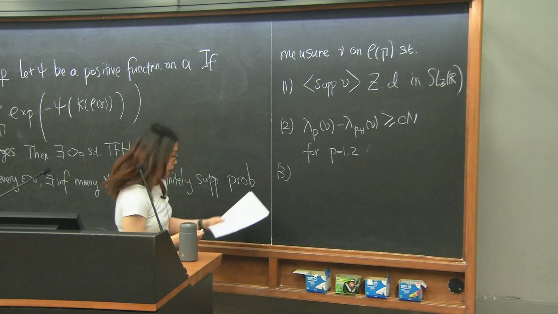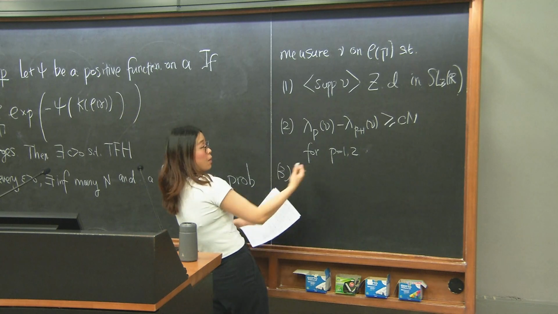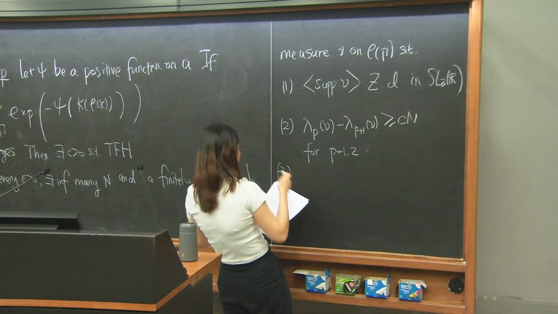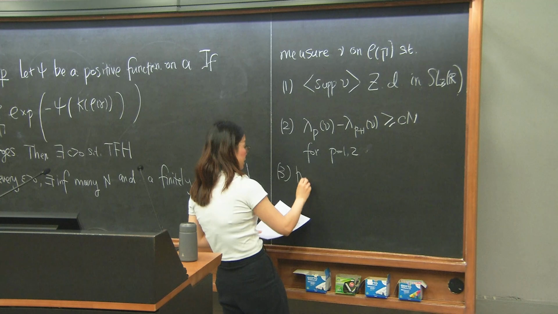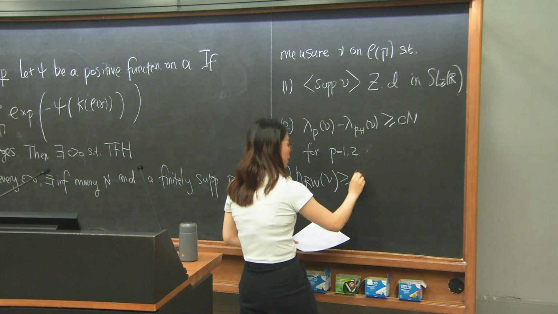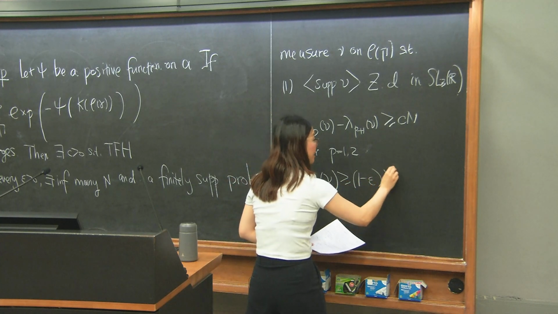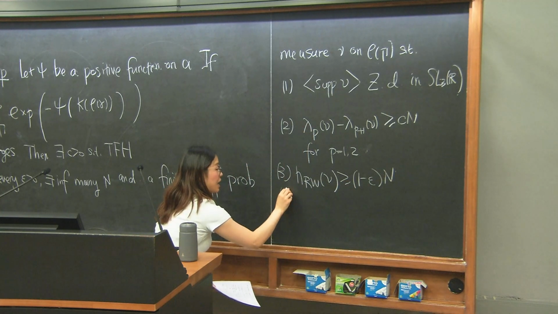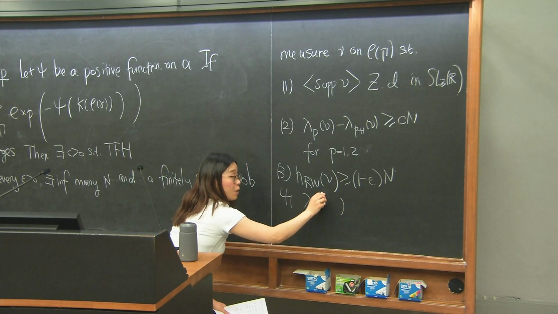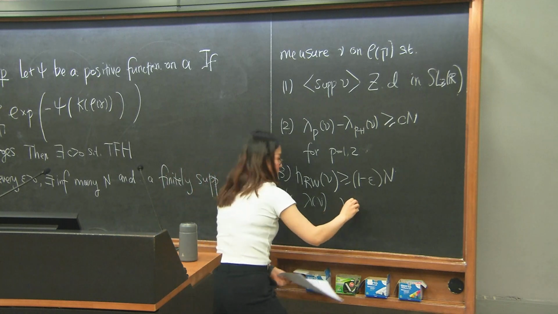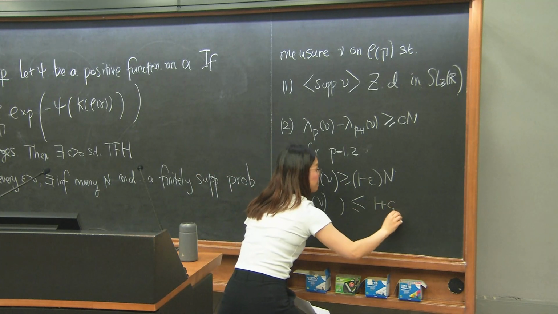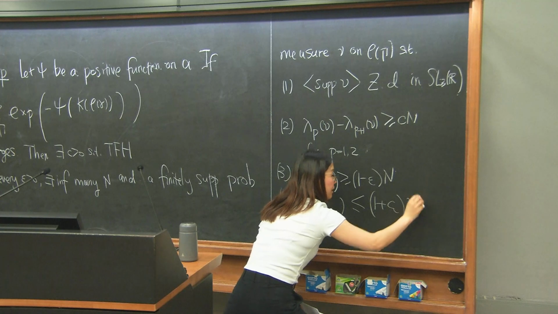And now the third one is about the controlling of the random walk entropy and the Lyapunov exponents. So the random walk entropy of nu is greater or equal than 1 minus epsilon to the n. And now when I input the Lyapunov vectors of the random walk to this functional, it is actually controlled by 1 plus epsilon to the n.